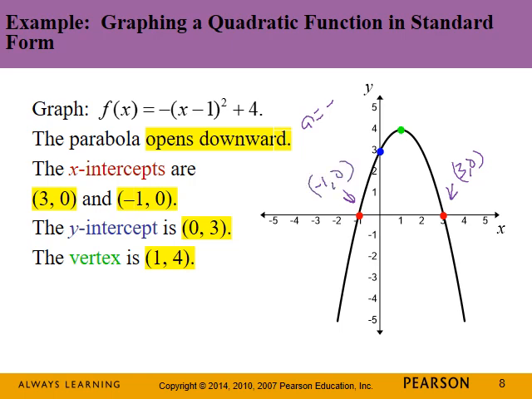Those are our x-intercepts. We have our y-intercept right here, 0, 3. And we had our vertex of 1, 4 right here. So we just plot them, connect it with a smooth curve, and you have your graph of the quadratic function based on it being in standard form.